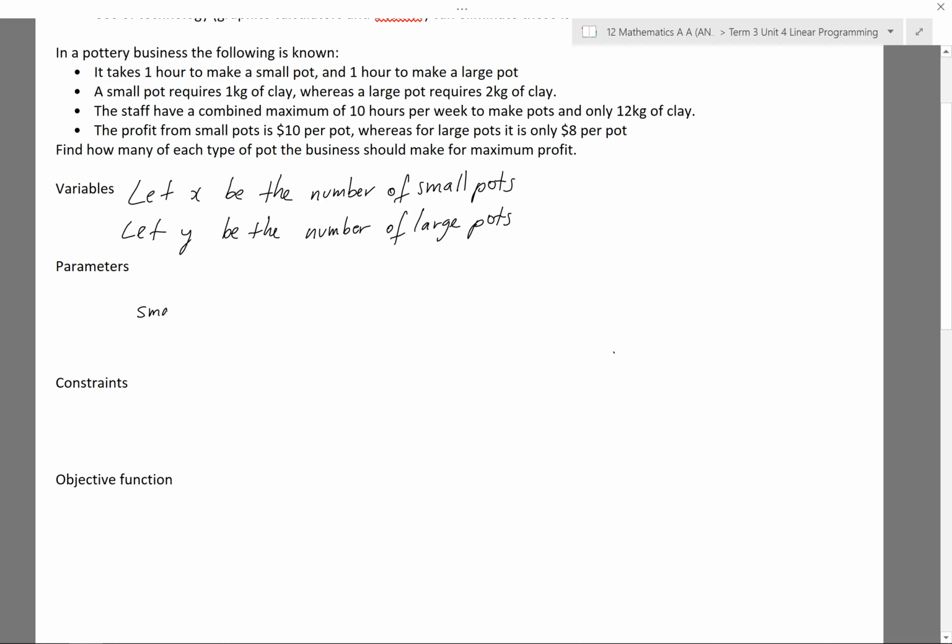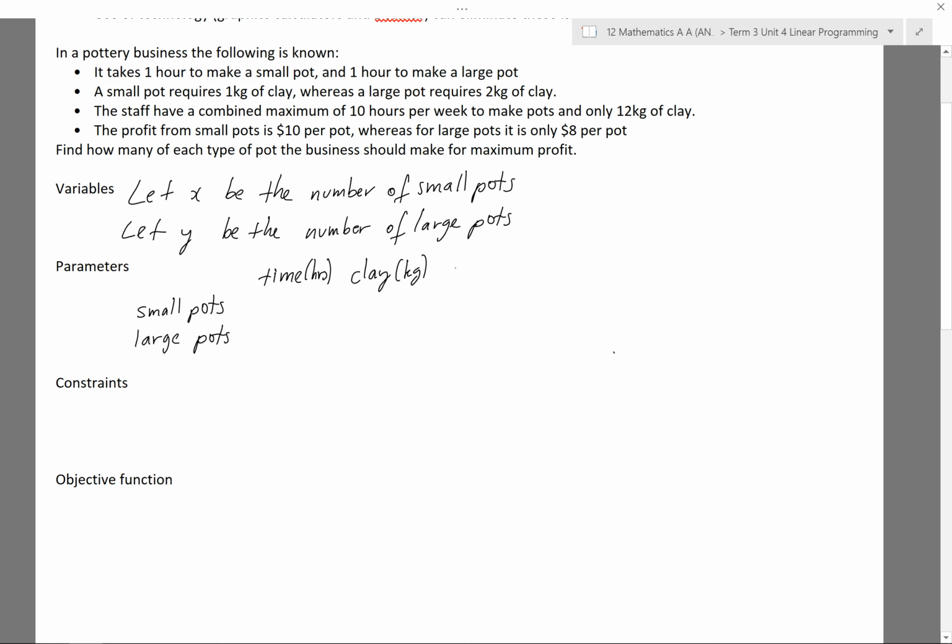If I have the small pots and the large pots, there's really 3 key pieces of information that I know about them. I know the time that it takes to make them and the amount of clay, the time in hours and the amount of clay in kilograms.